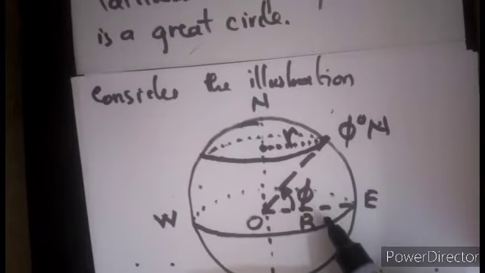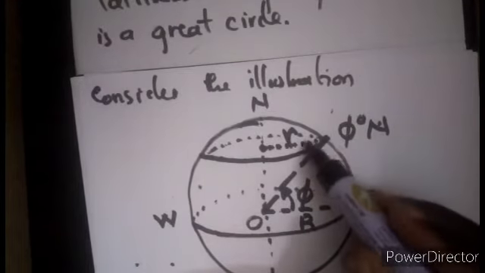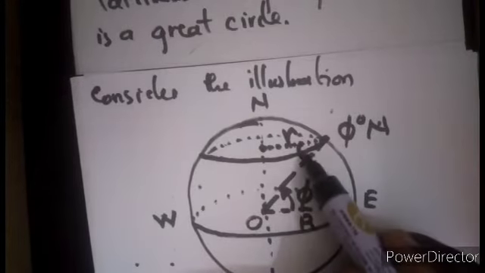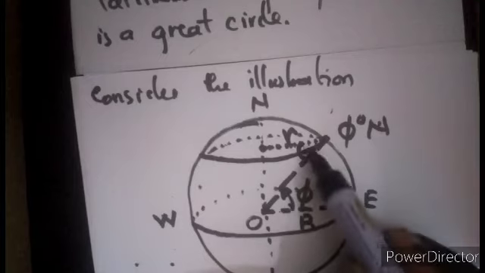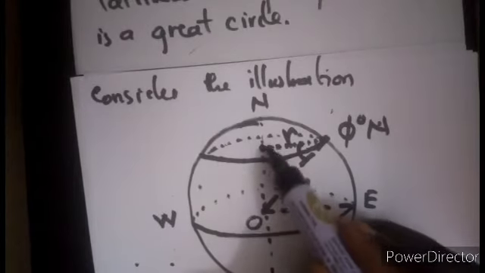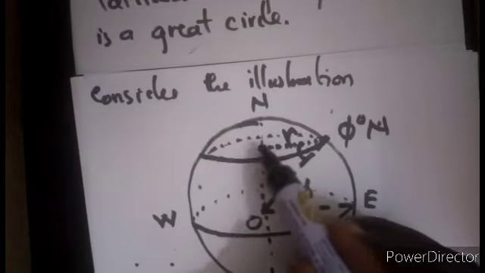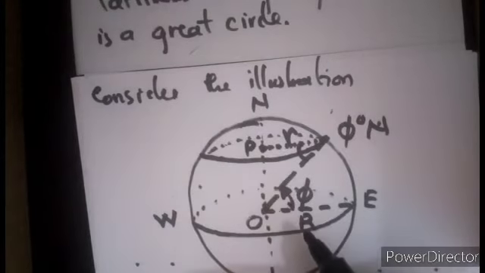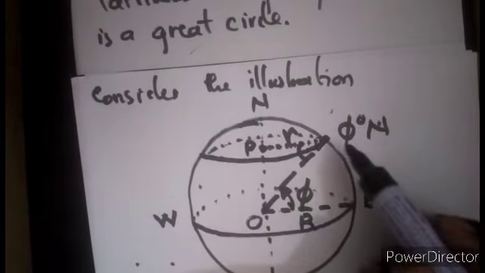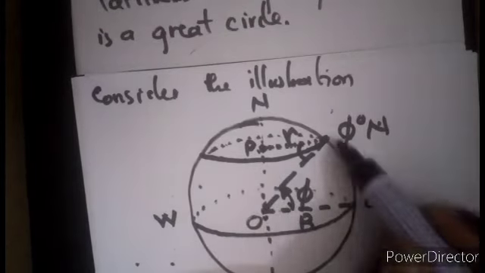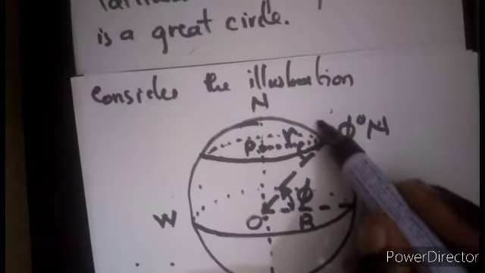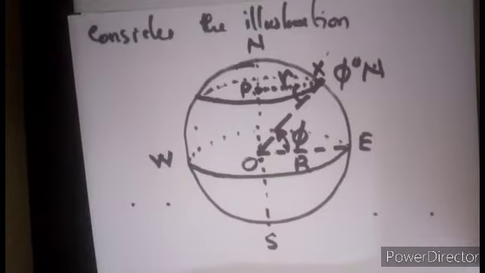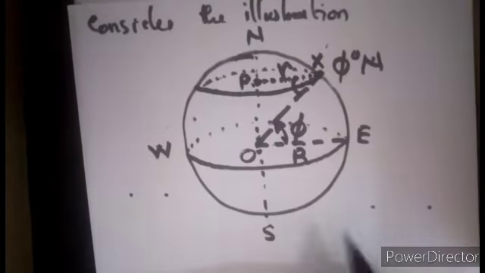Now I hope you believe with me that the angle here is equivalent to phi. They are the same, alternate angles are equal. And if I call the center of this small circle P, you see that we have a triangle, and if I call this point X, POX gives us a right angle triangle.